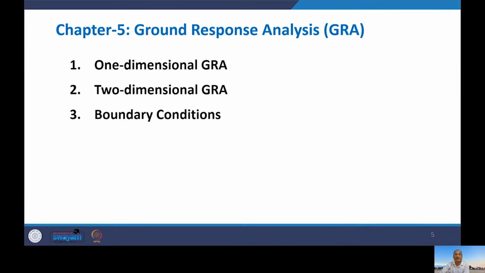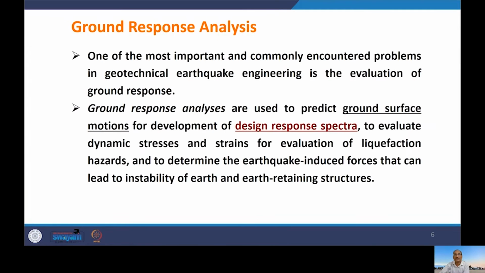Within one-dimensional ground response analysis, let's talk about that. What is the importance of this? One of the most important and commonly encountered problems in geotechnical earthquake engineering is the evaluation of ground response, because it helps in many problems of geotechnical earthquake engineering. And what are the problems?